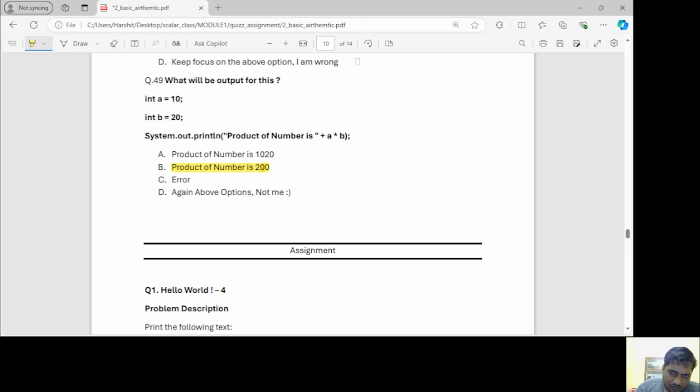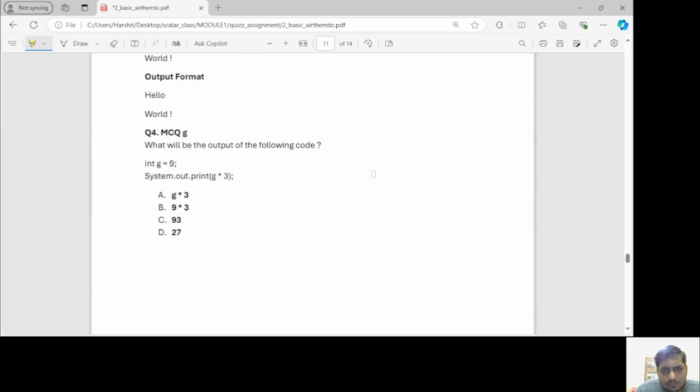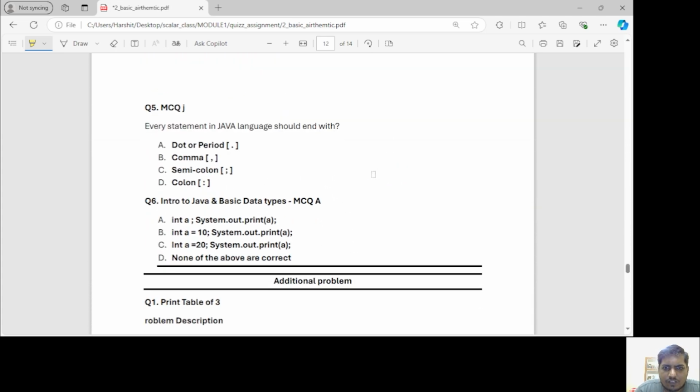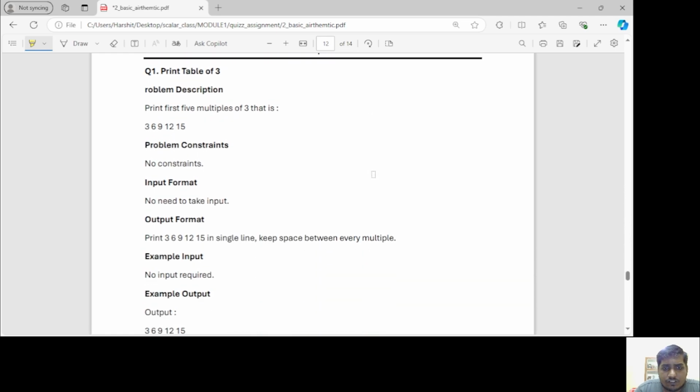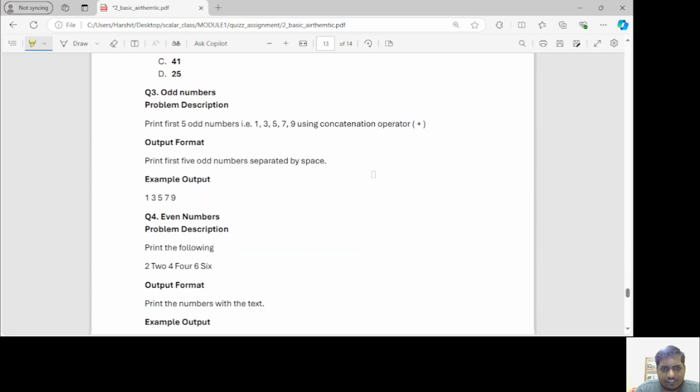So today's class is completed. Now you can solve this assignment problem very carefully. I will upload this assignment in the description box, you can just download it. Those who have completed their basic programming language can just solve the sheets only, they don't require this.